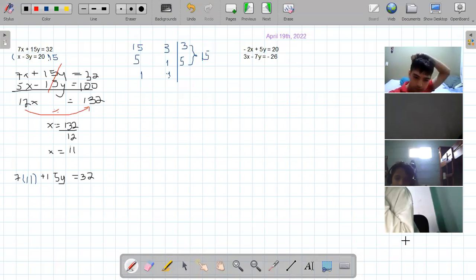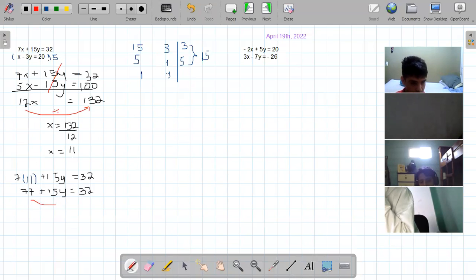7 times 11, how much is that? 77. So 77 plus 15y is equal to 32. I need to leave the variable and its coefficient alone, so this 77 goes to the other side, subtracting.